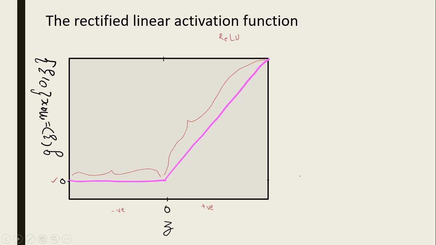Since they are partially linear, they have the properties of linear functions as well, and at the same time it exhibits the non-linear feature. For all the negative values, it gives you the output as 0, and for positive values, a linear output will be given.